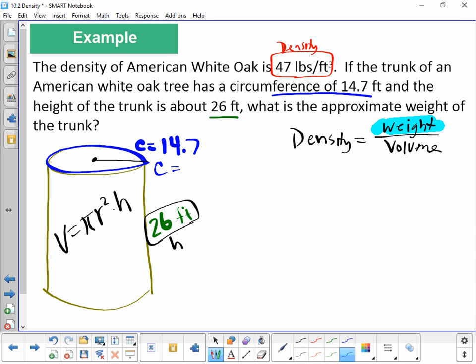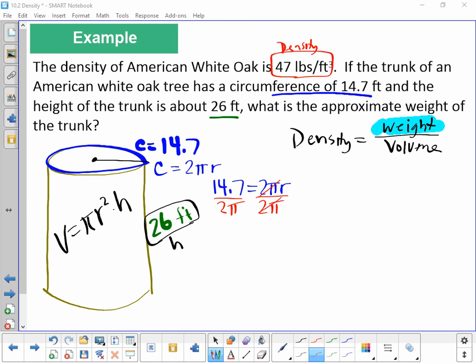So you have to remember that the circumference is 2 pi times the radius. So we know that 14.7 equals 2 pi times the radius. And if we're trying to solve for the radius, we have to divide by 2 pi. You have to be kind of careful when you're putting this into your calculator because the calculator might not do what you think it is doing.